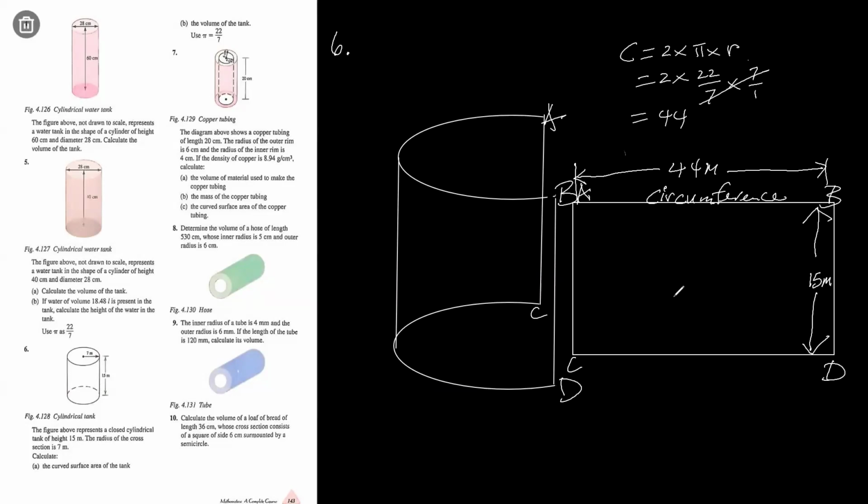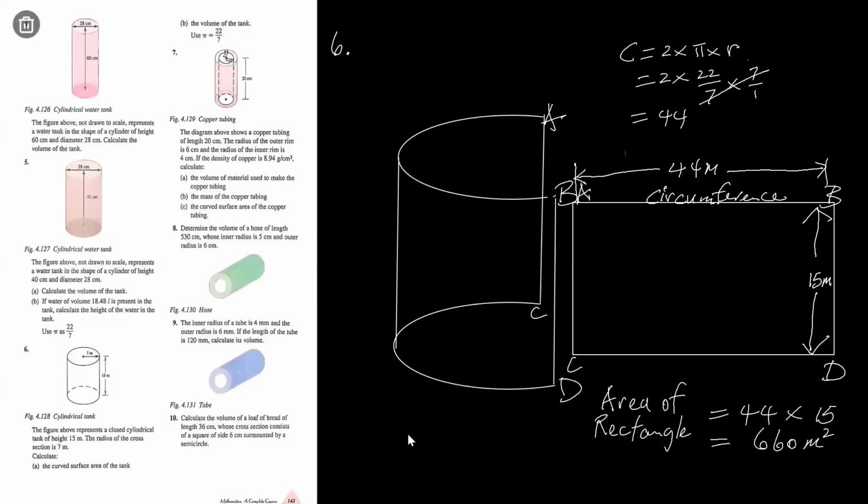So my area of this rectangle, or my surface area, is equal to 44 times 15. And that will give me 660 meters squared. Any questions? Anybody have a question to ask me? Kiara, any questions?